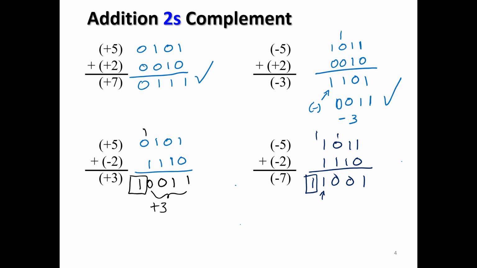That's a negative number, and then we do the same converting to decimal. So 1110, which is a 7, which gives us a negative 7. So in this case, the two's complement addition also works. In other cases, we can ignore any extra overflow bits.